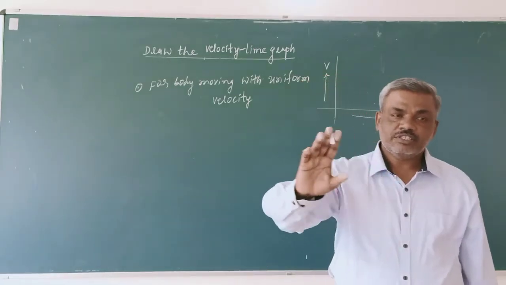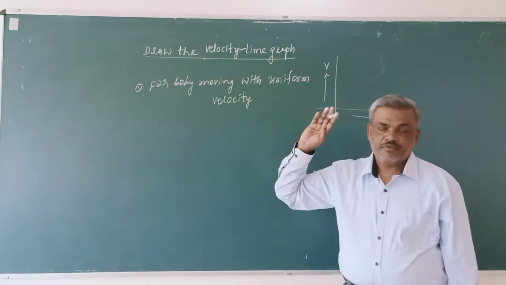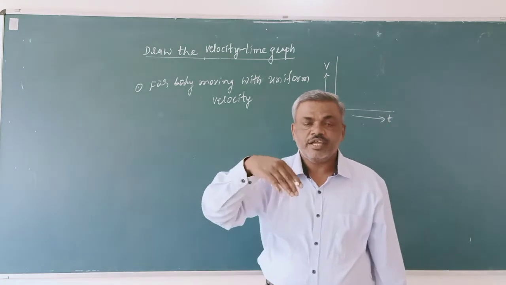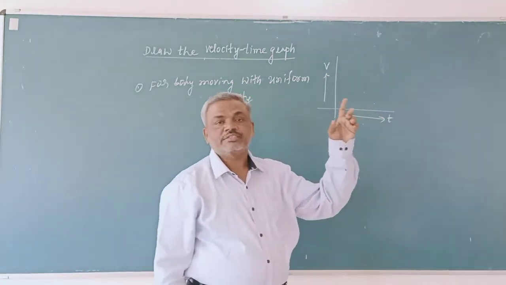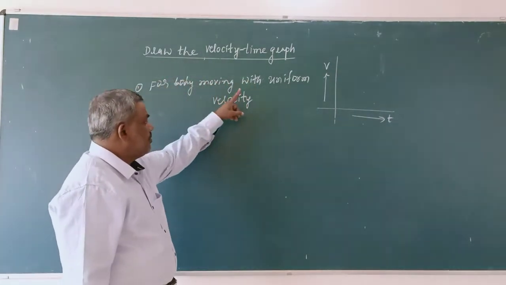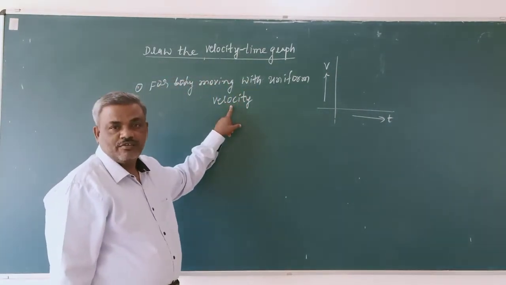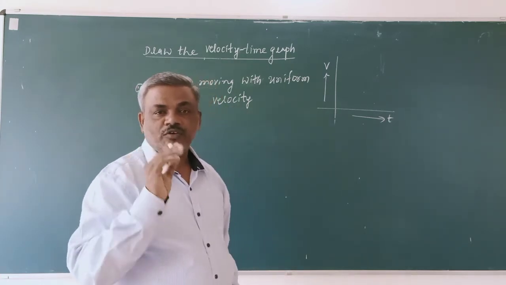Students, now the second graph: draw the velocity-time graph. Velocity is taken along the y-axis and time along the x-axis. First, the graph for a body moving with uniform velocity. For example, a vehicle moving on the road.